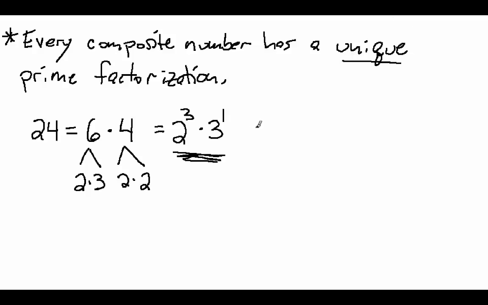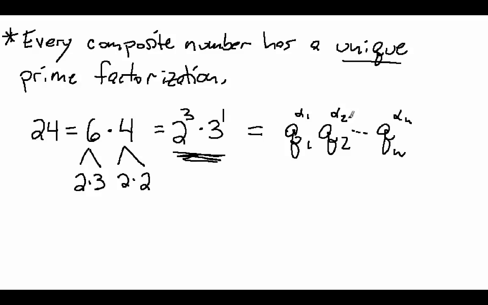In other words, if I were to claim that there's some other factorization here, q1 times q2 times all the way up to some q sub n, and this is raised to, I'm just going to say, some alpha 1, alpha 2, all the way up to some alpha n, and I were to tell you that these were all primes, what this theorem is saying is that the primes that appear here have to be these primes that I see here, and these exponents would have to be these exponents right here.